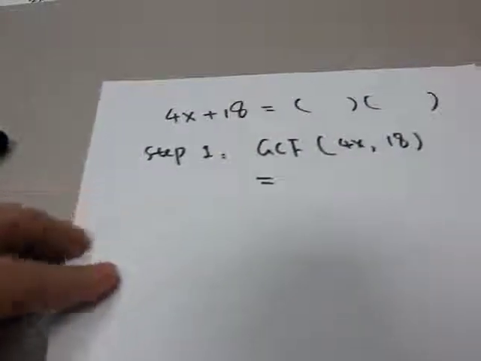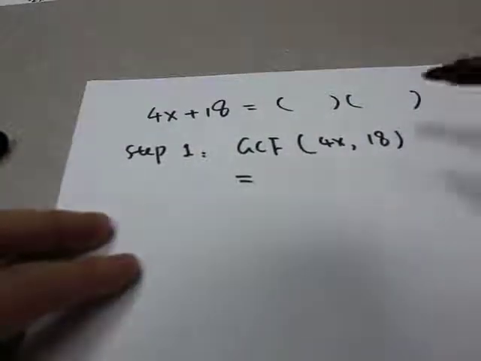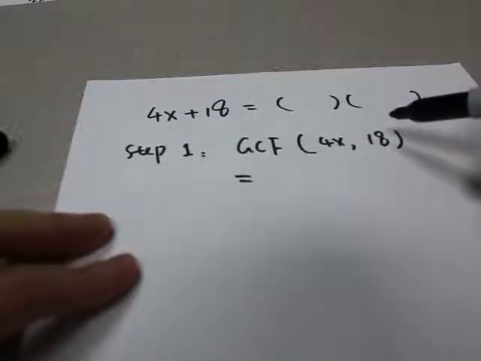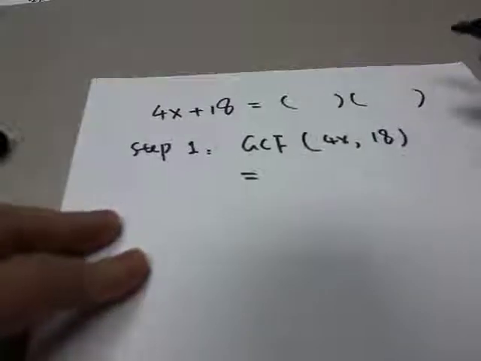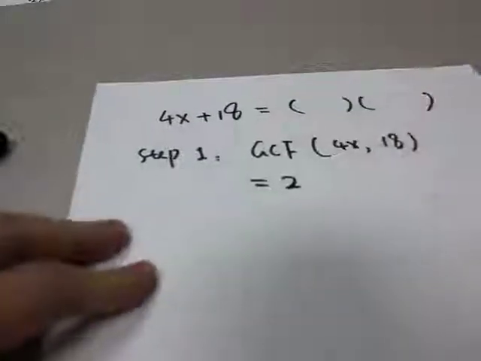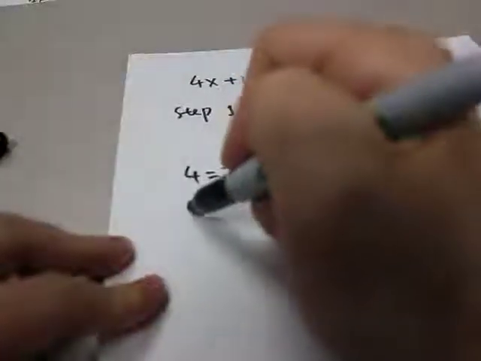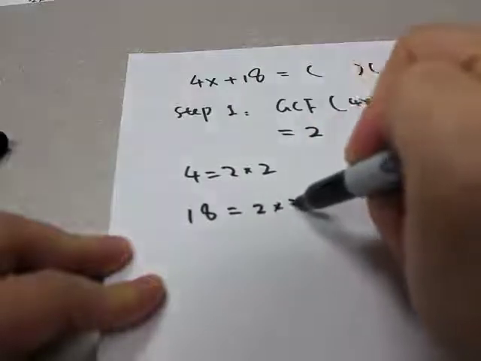So first let's look at the number part. The greatest common factor of 4 and 18 is 2, because 4 equals 2 times 2 and 18 equals 2 times 3 times 3.